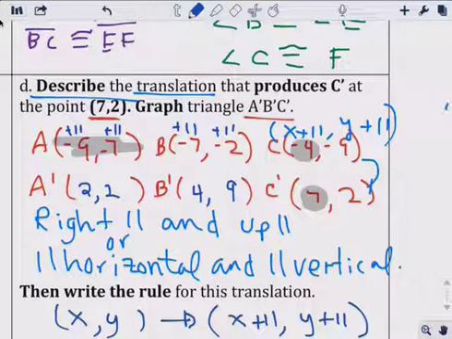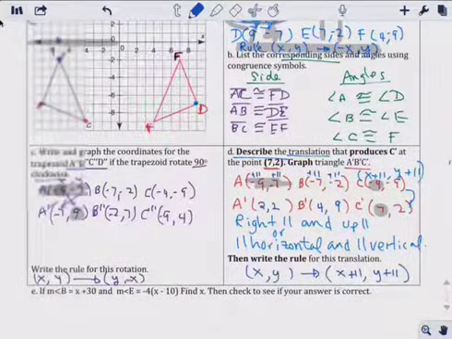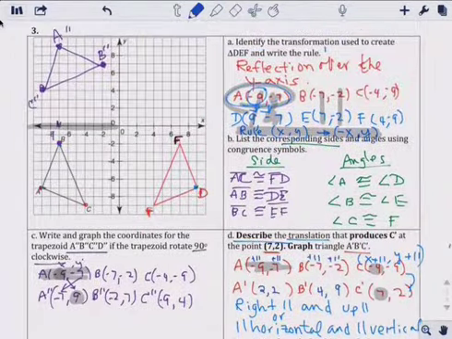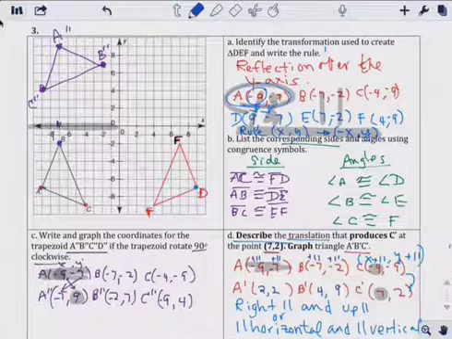Okay. I believe that's correct. And we can graph it. 2, 2 is right here. 4, 9 is up here.